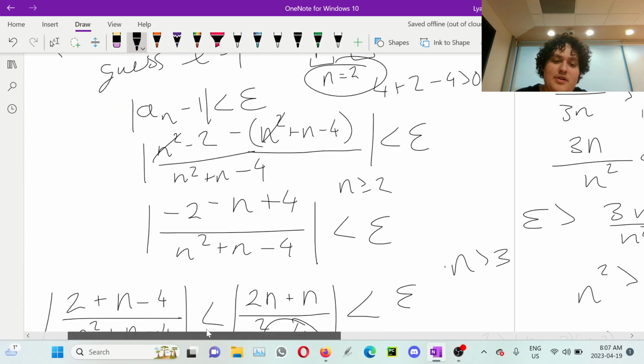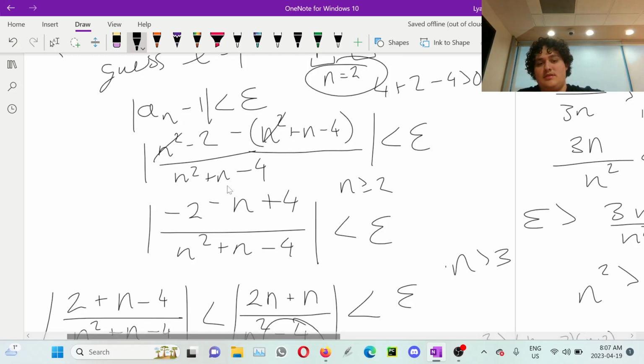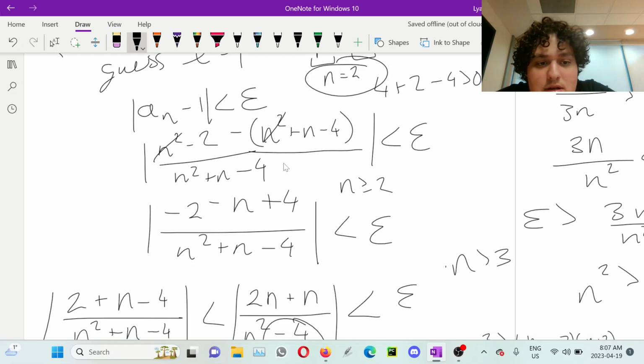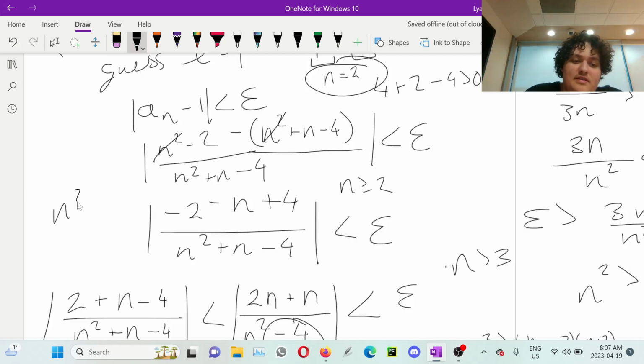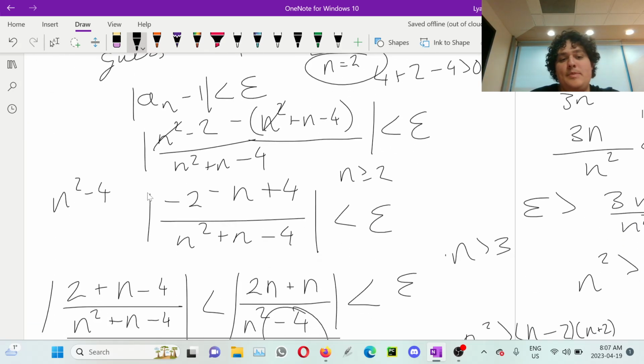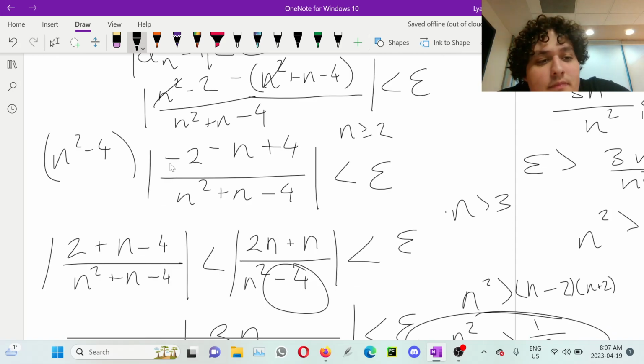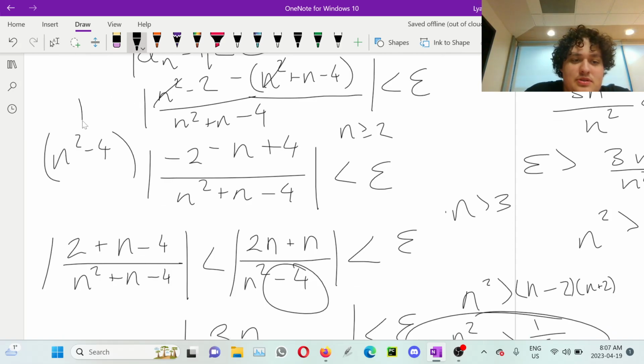So I have to find somehow else to bound this part of it. So n squared minus 4 was fine, but I need to bound this from. I need to get something that's bigger than this.